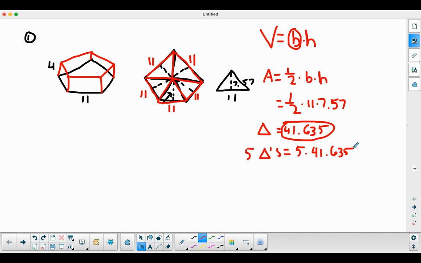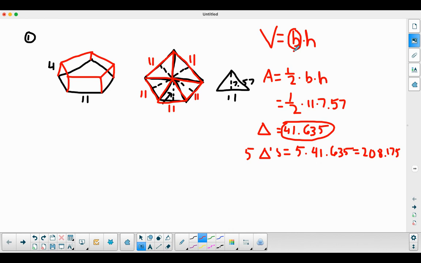Okay, so I have 5 times 41.635, and that's going to be 208.175. And that's the value of all those triangles put together. So all those triangles give me the base, which is my pentagon.